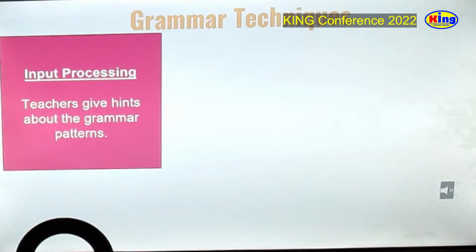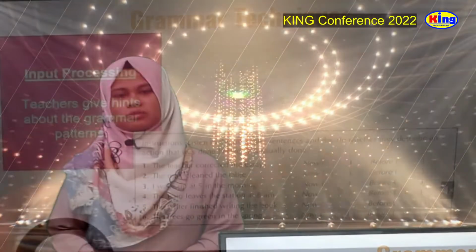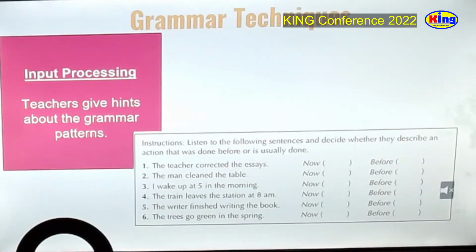Then we have input processing techniques. Teachers give hints about the grammar pattern. For example, the teacher wants to ask the students the difference between present tense and past tense.